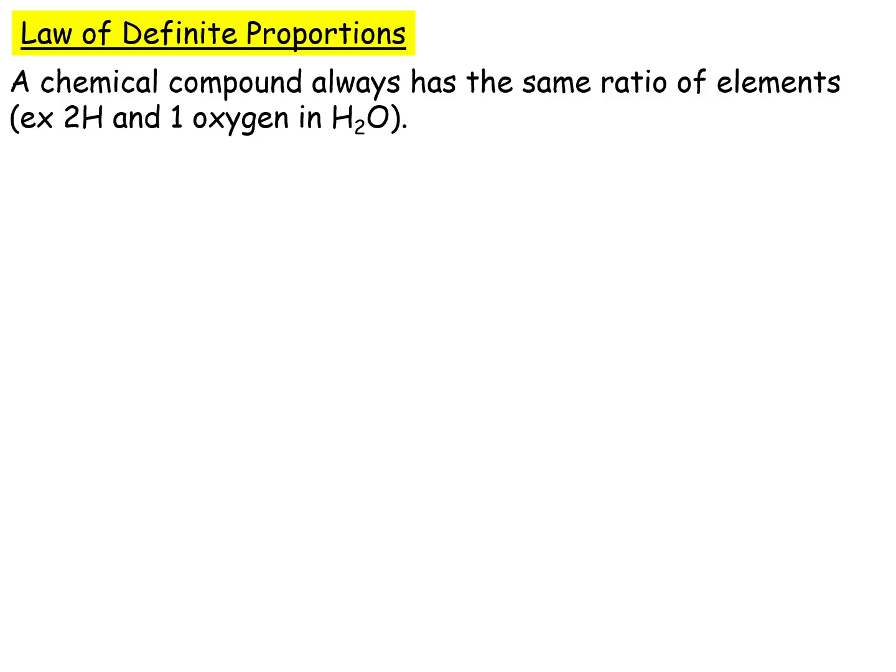So the law of definite proportions is pretty much based on the fact that when you have a chemical formula, you always have the same ratio of the elements. So that means that the ratio of their masses is always going to be the same.